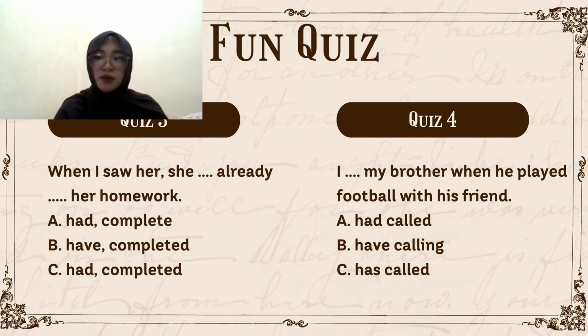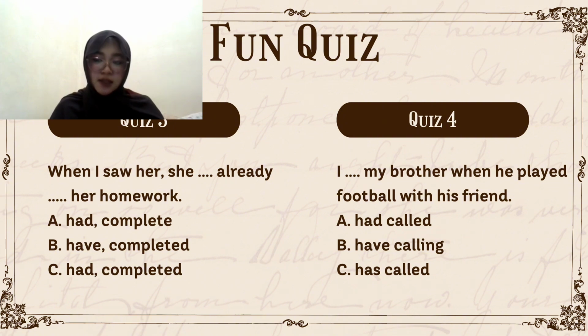Okay, next, quiz number 3. So in the sentence, when I saw her, she blank already blank her homework. What is the answer? So the correct answer is had and completed.